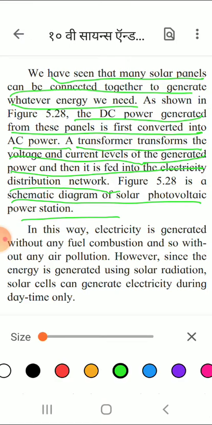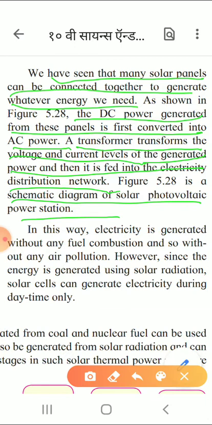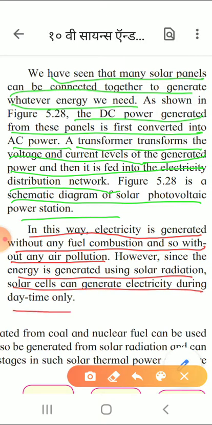So the energy that we are generating from solar energy is eco-friendly, cheap, as well as 100% clean, so it does not cause any air pollution. That is the advantage. Now what is the disadvantage? These solar radiations are available during the daytime only, so electricity can be generated during the daytime only. This is the disadvantage.